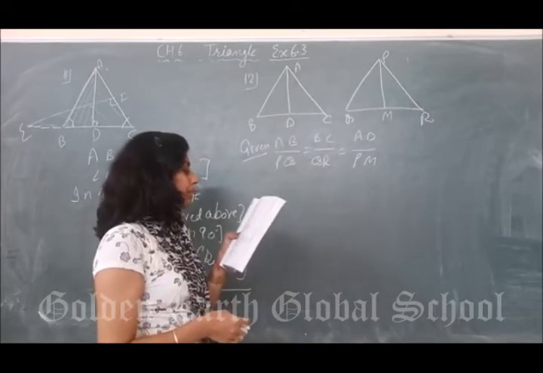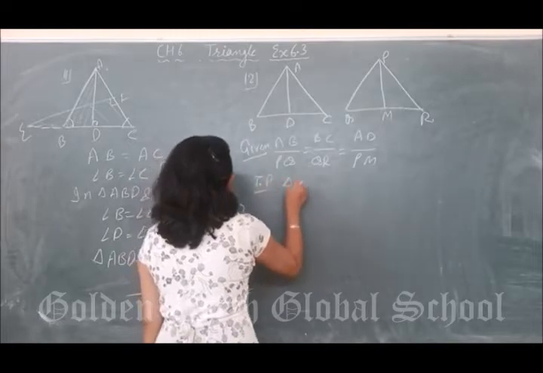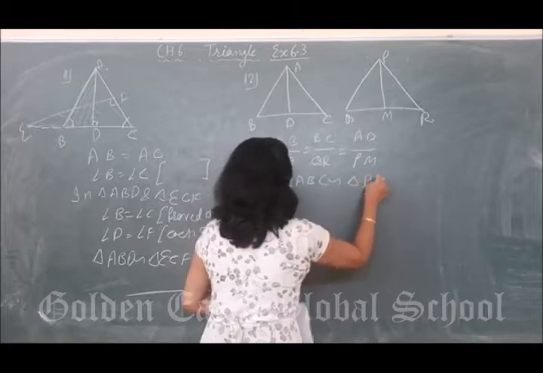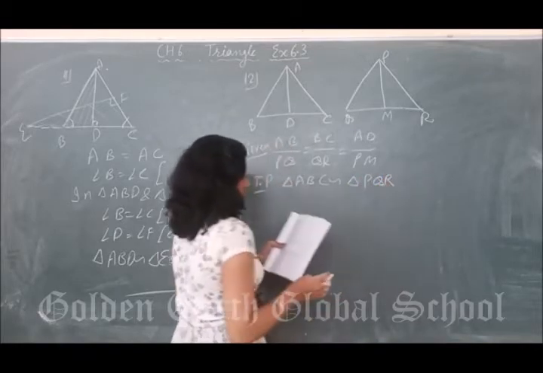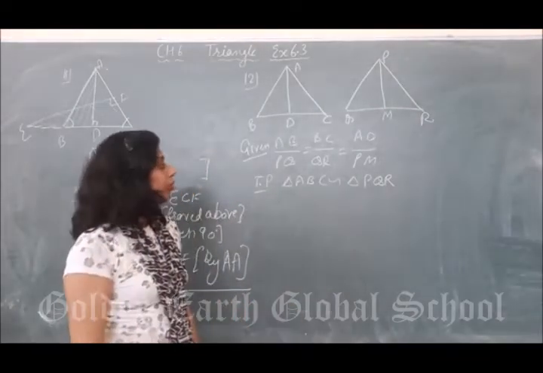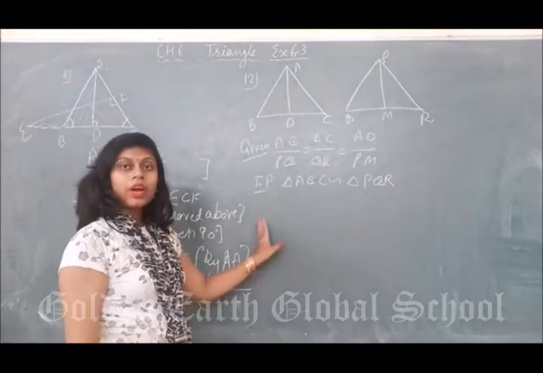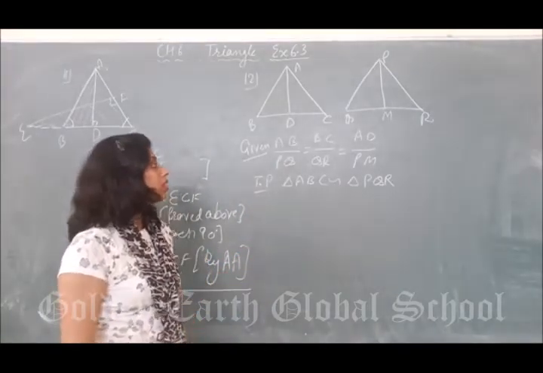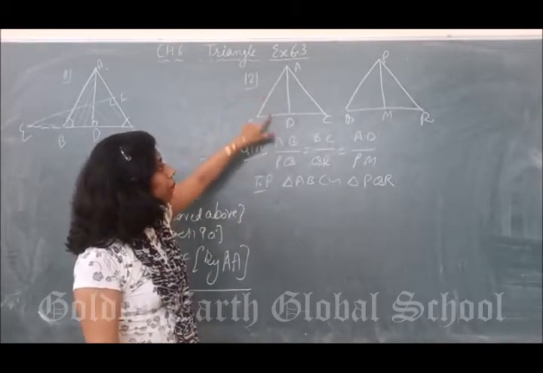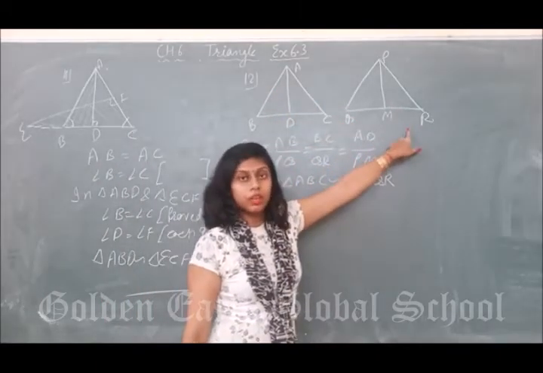But we have to prove triangle ABC is similar to triangle PQR. We need these complete triangles to be similar. To prove triangles are similar, we need the AA rule or SSS or SAS. Clear? So see, AB upon PQ is equal to BC upon QR.